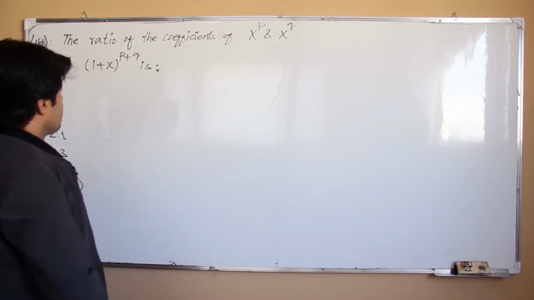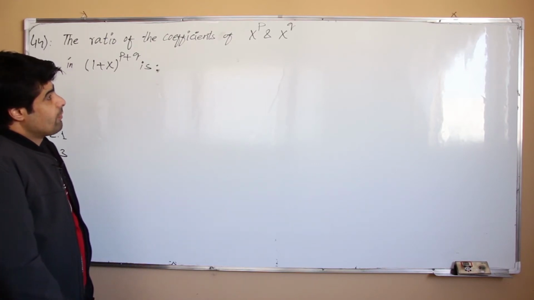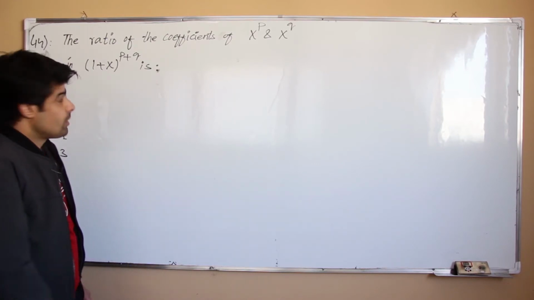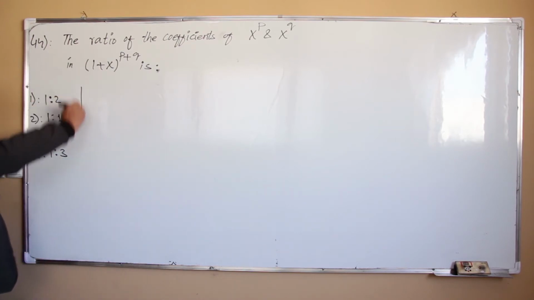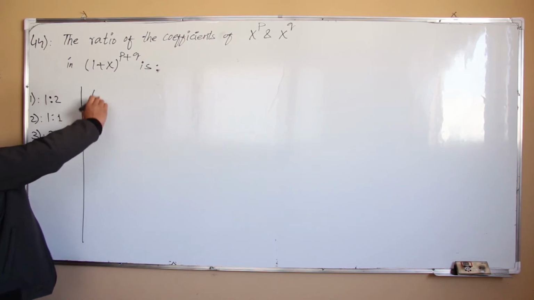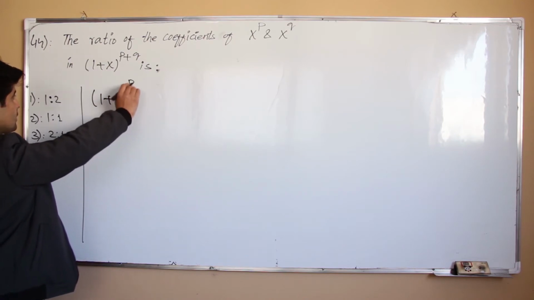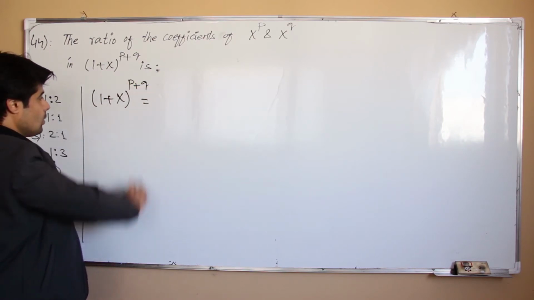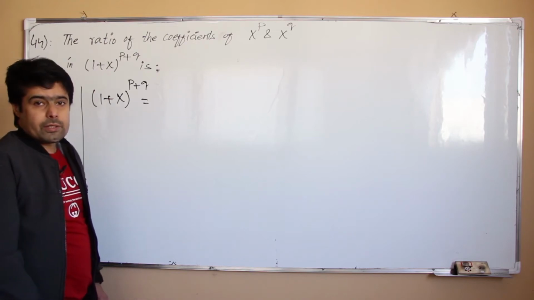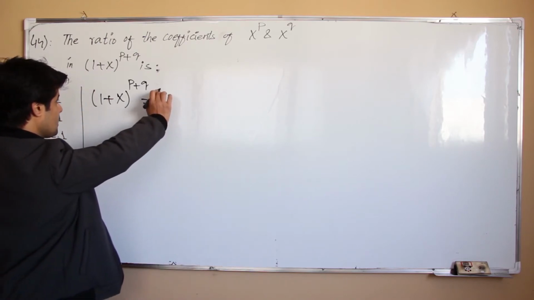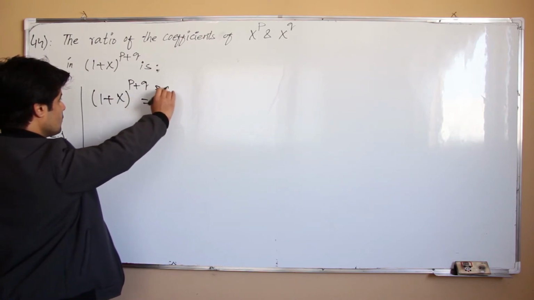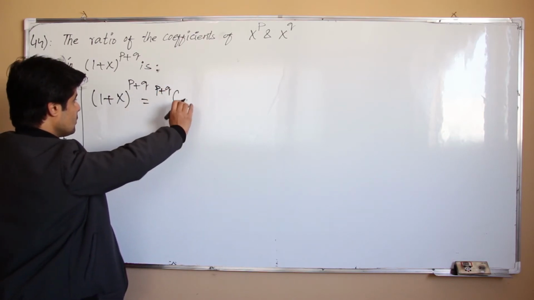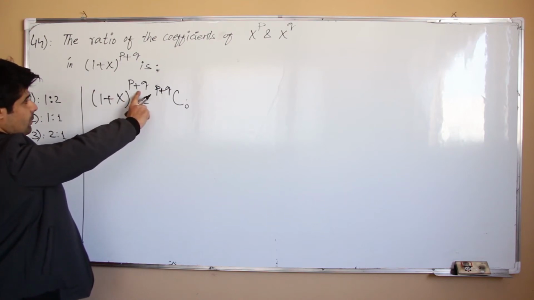Question 44. The ratio of the coefficients of x to the power p and x to the power q in this expression is. One thing you know: if I want to talk about (1 plus x) raised to the power p plus q, what is the expansion? I think it is nC0, where n is p plus q, C0, and 1 raised to this power is 1.